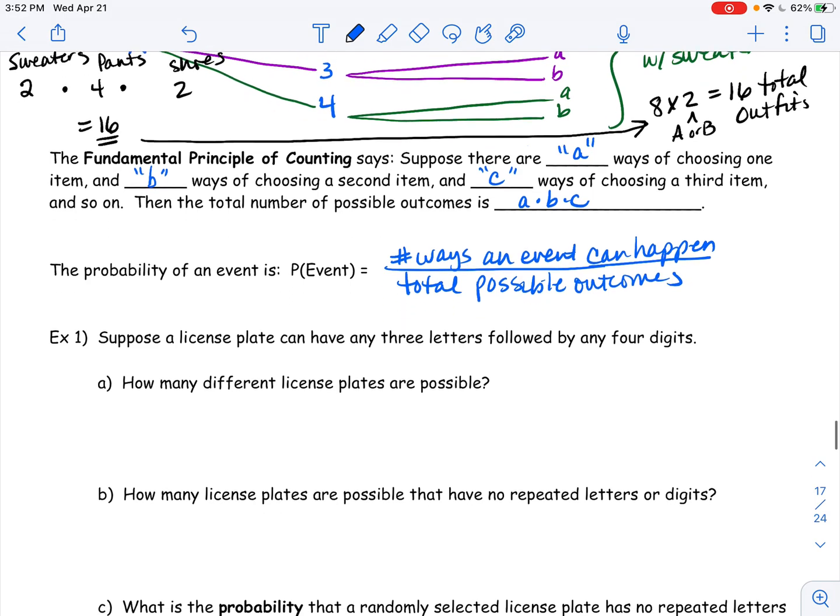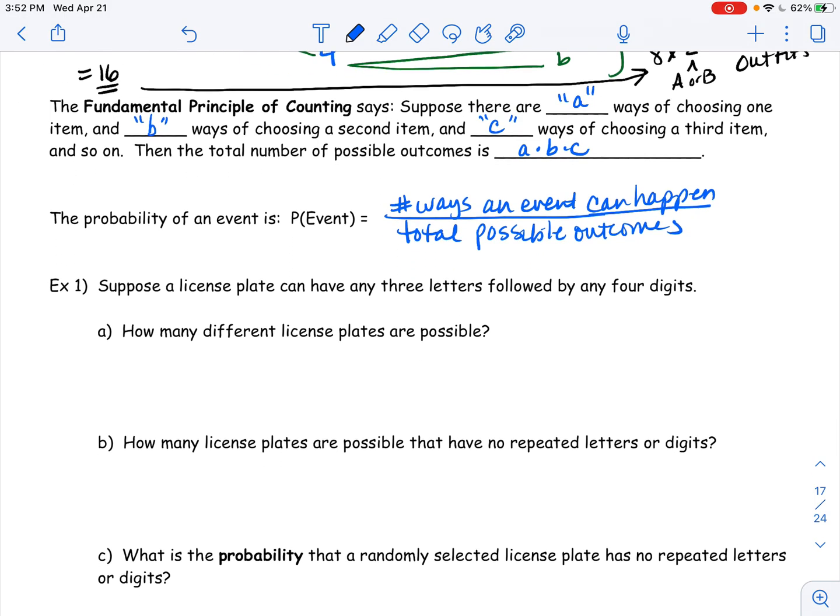Example 1, suppose a license plate can have 3 letters followed by 4 digits. Okay, and so y'all know that there are 26 letters in the alphabet. And when we're talking about digits, if we start with 0, then 1, 2, 3, all the way to 9, that's actually 10 digits.